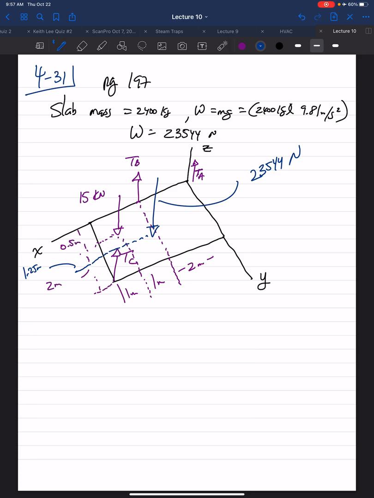That would be the coordinates of where it acts. I believe we have everything we need. And the question says, determine the tension in each of the cables. So that's TA, TB, TC.